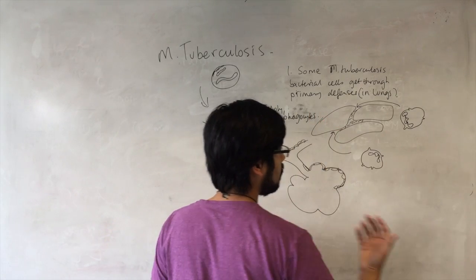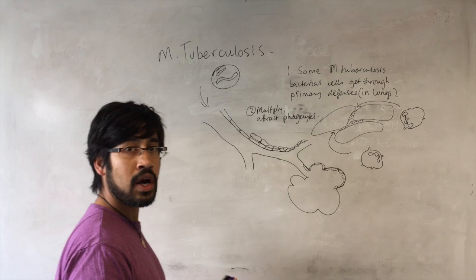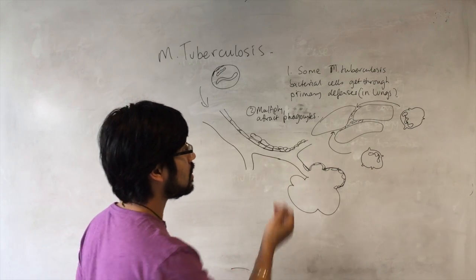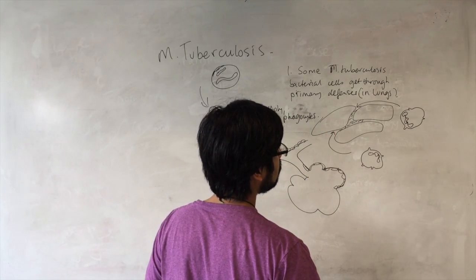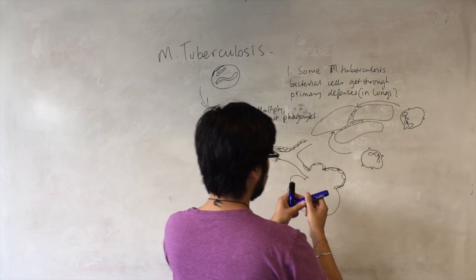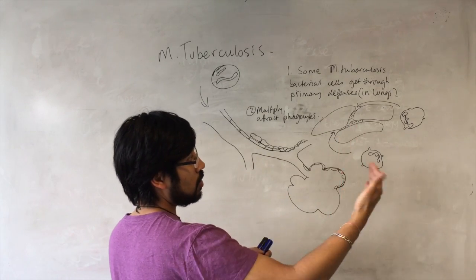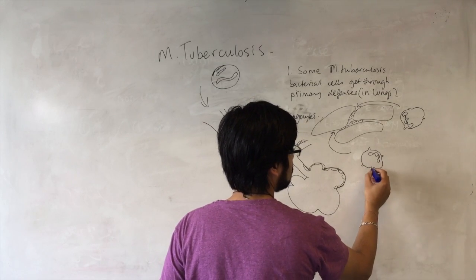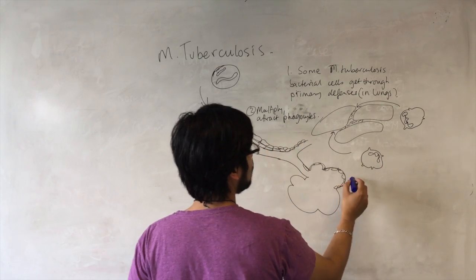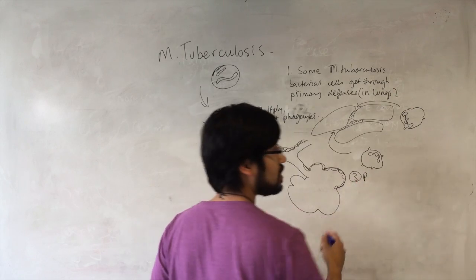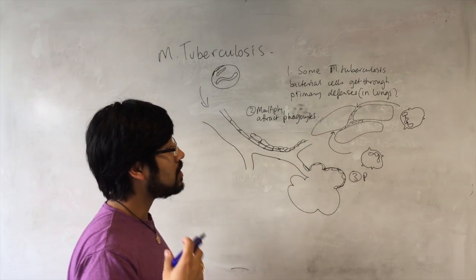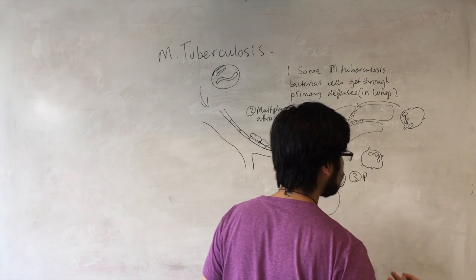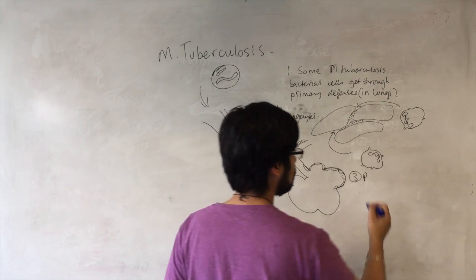So here they do neutralize to a certain extent the bacteria, and as we've done with the immune system already, the phagocytes act as antigen presenting cells, and they activate the adaptive, the specific immune system.